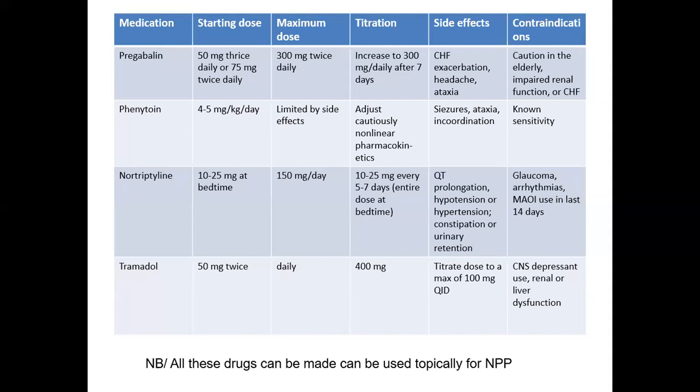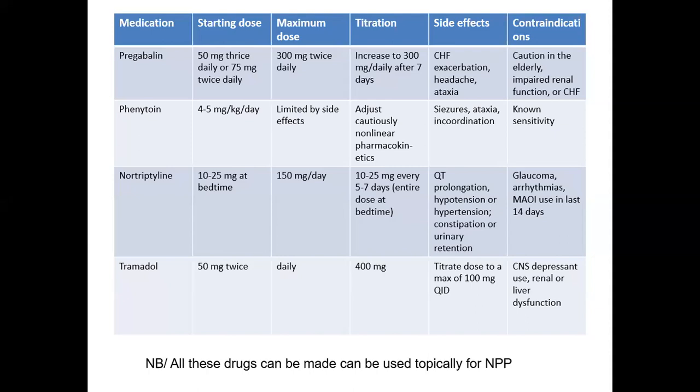This is critical because for those of you who deal with these patients and you really want to control their pain, you usually get limited by the side effects that they're not able to tolerate. And you realize that most of these medications do not have parenteral formulations. They do not have IV or IM formulations. So you can always make them into a local formulation that you can utilize for your patients.